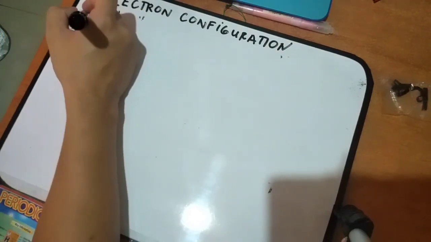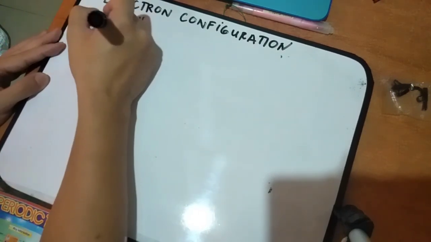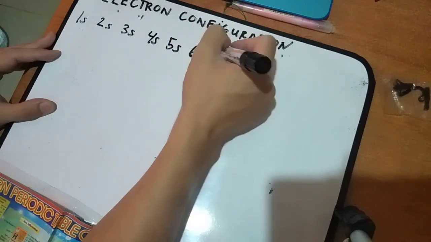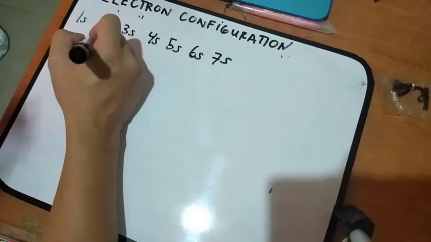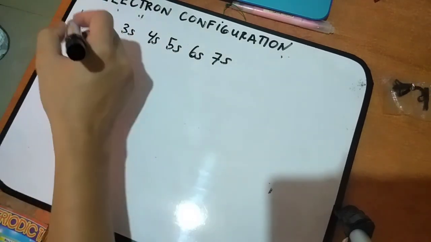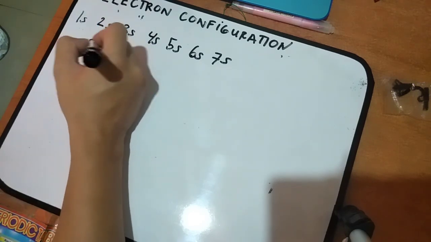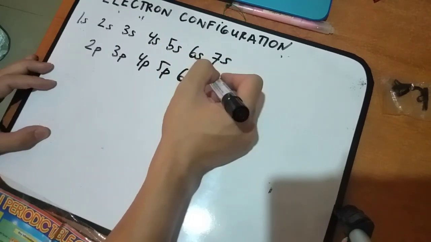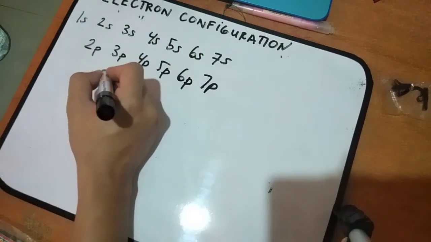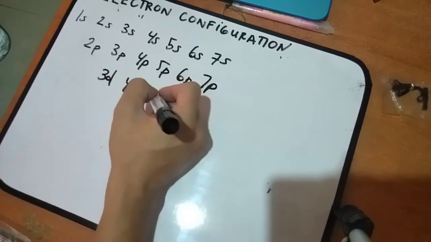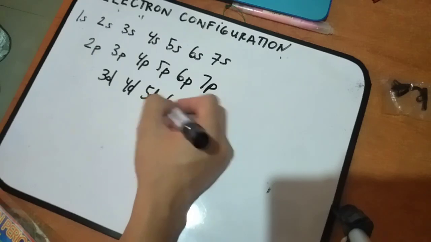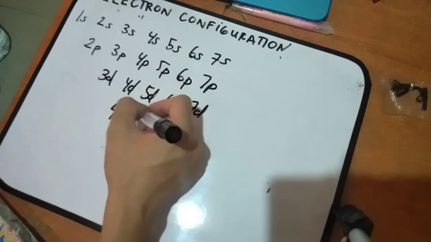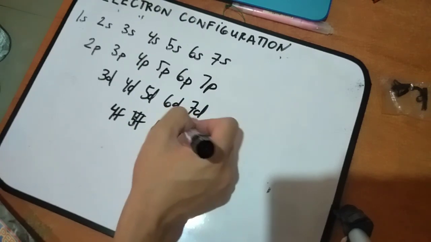Diba you have in your periodic table this is your 7 orbitals for the S. Then you have the P. Then you have the D. Then the last one is the F. Okay.